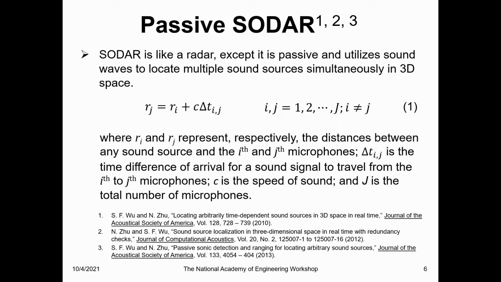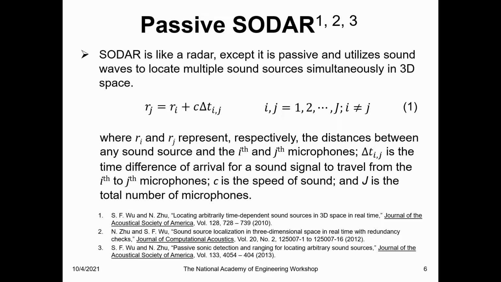Now we briefly discuss passive SODA. Detailed derivations and experimental validations can be found in references 1 to 3. One can view SODA as a radar, except it is passive and utilizes sound waves to locate multiple sound sources simultaneously in 3D space.